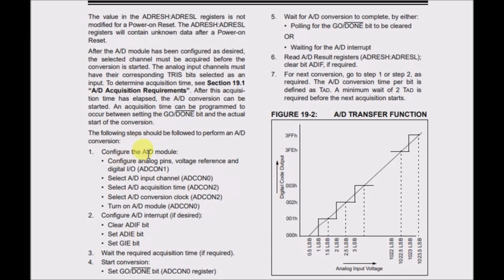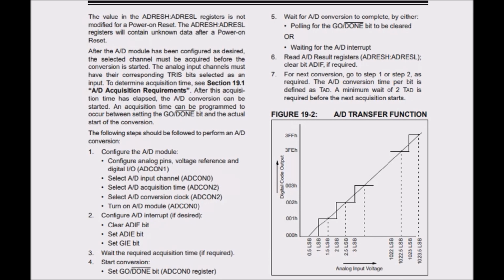Configure the AD module: configure analog pins, voltage reference, and digital I/O, ADCON1. Select AD input channel, ADCON0. Select AD acquisition time, ADCON2.